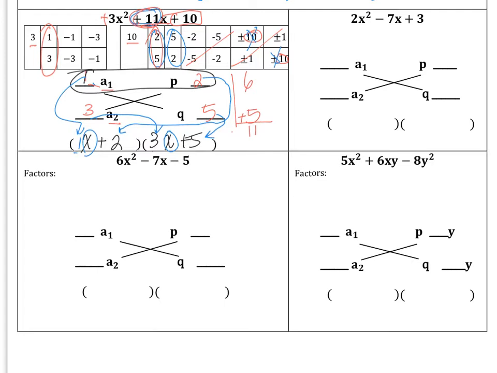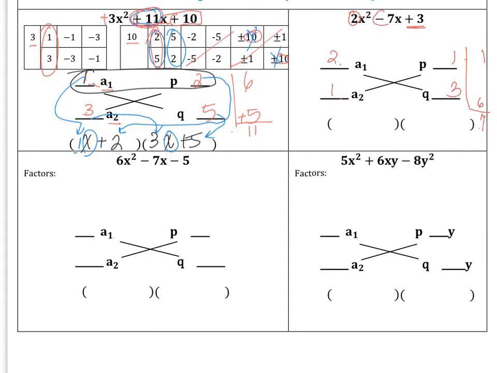Okay, for this next one here, to the right, I see 2. So I'm going to just simply use 2, 1. And then I see a positive 3. So I'm going to do maybe 1, 3. And 2 times 3 makes 6. 1 times 1 makes 1. You add these together, you get positive 7.